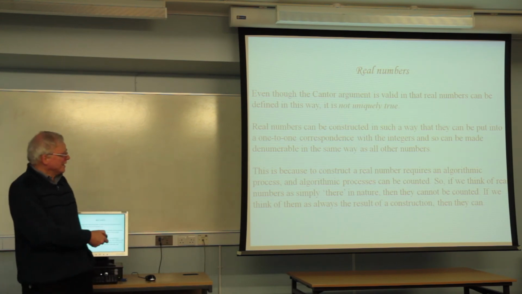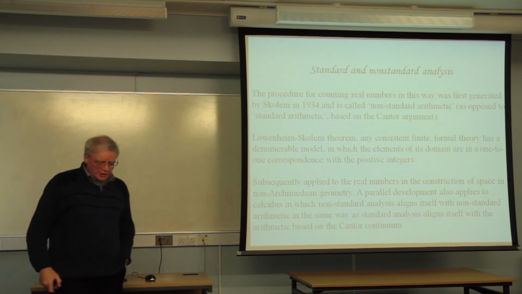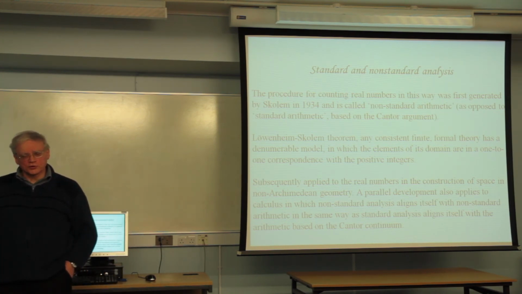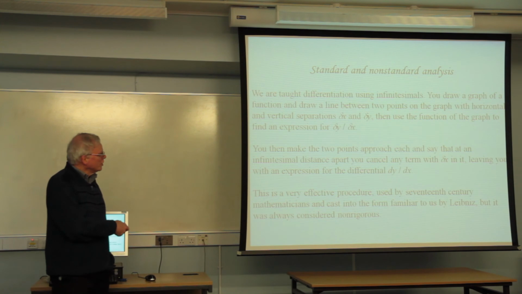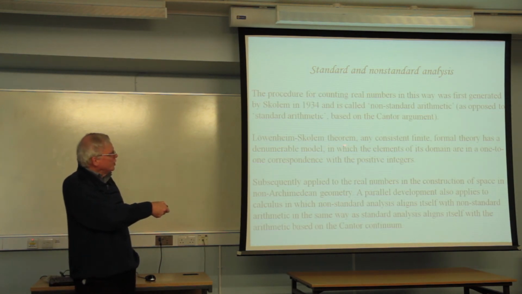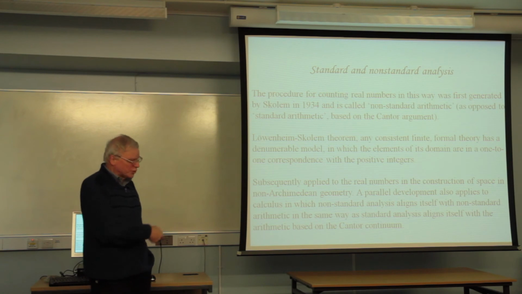Because it was shown a long time ago, if you define real numbers that way, and Skolem did it in 1934, in what is called non-standard arithmetic, you can put the real numbers in one-to-one correspondence with the integers. It's a very surprising result, but it's true. And there's a theorem which Skolem was part author of, in which any consistent finite formal theory has a denumerable model, in which the elements of its domain are in a one-to-one correspondence with the positive integers.